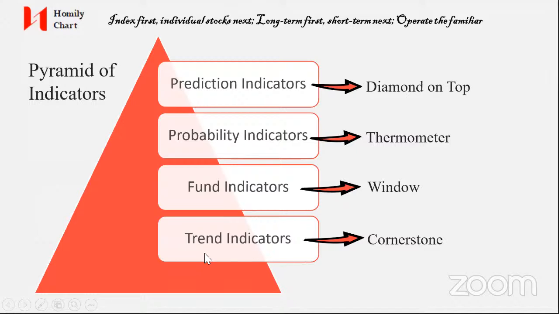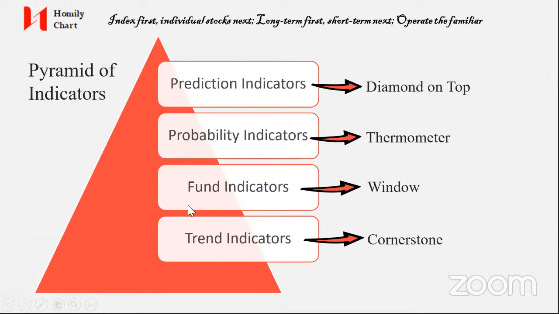And if the trend indicators are the cornerstone, then the fund indicators, you can regard them as a window. Why do I say it's a window? Because through the fund indicators, you will be able to know why the price is so bullish, why the price is so bearish, why there is danger lurking there, or why there are potential opportunities around the corner.